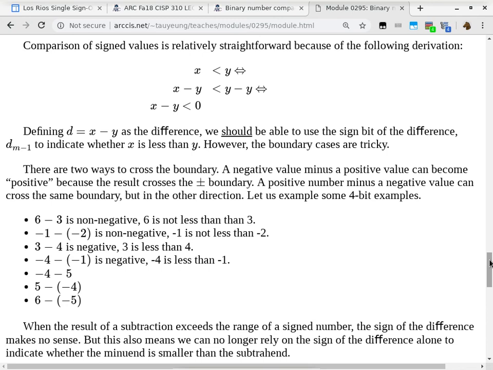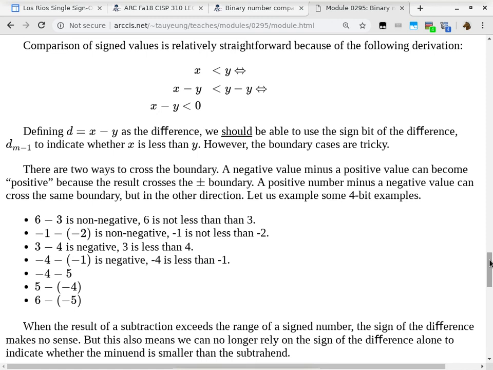The sign bit. Oh, okay. So we can just look at the sign bit of a difference after a subtraction, and then we should be able to tell whether the minuend is less than the subtrahend. I think x is called the minuend and y is called the subtrahend. Is that right? Okay. So it should work, right?